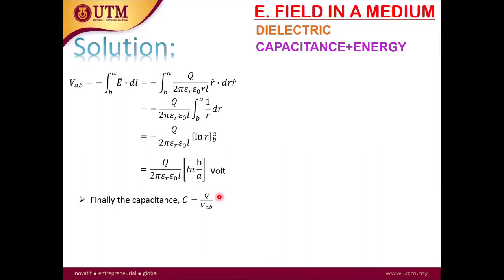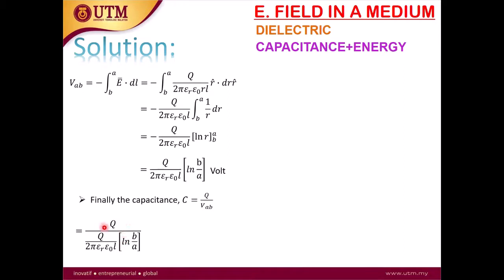Finally, we can determine the capacitance because we know Q and VAB. In this case, you don't need to determine Q because it's given that the total charge on that surface is Q. But if you are not given Q, you have to determine the value of Q. Here, C equals Q divided by VAB, so Q divided by Q over 2 pi epsilon r epsilon naught L ln b over a.